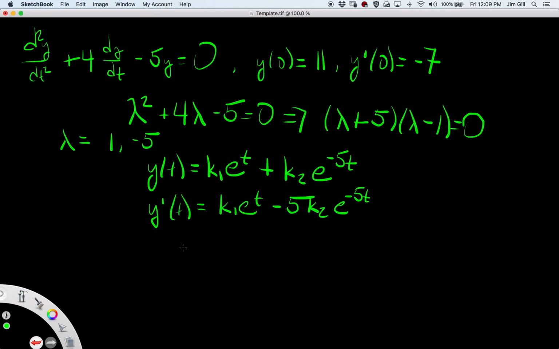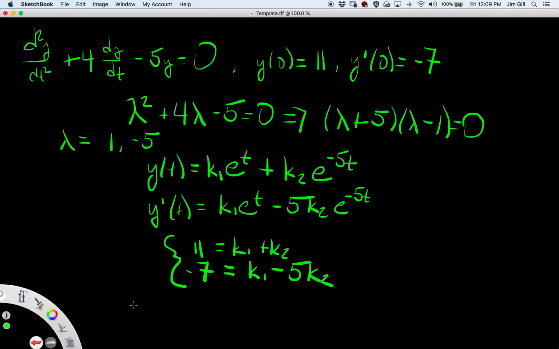So setting time to be 0, we get the following system: 11 is equal to k1 plus k2, and negative 7 is equal to k1 minus 5 k2.